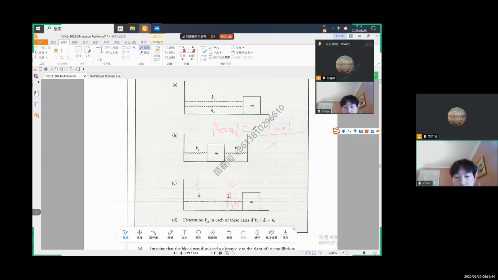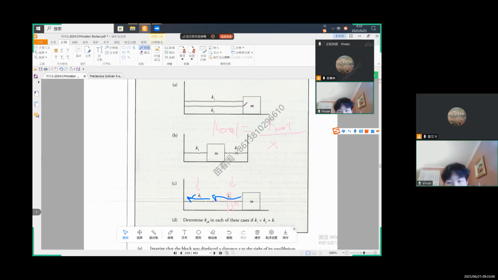What's your F total? This one's pulling this one here, and this one's also pulling that one here. If you do negative X, the push would push everything together.